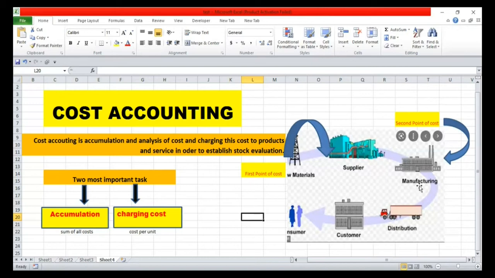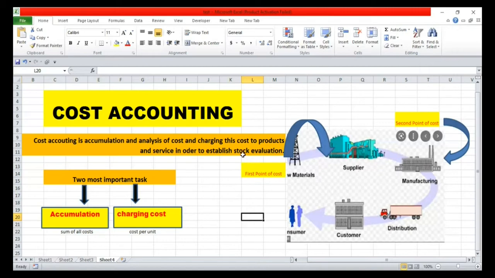We accumulate the cost of this whole process in order to determine the prices of our products and services. When we know the whole cost, according to that cost we will decide the price. So it is necessary that we know the cost we incurred during the whole process, which starts from procurement and ends with delivery.